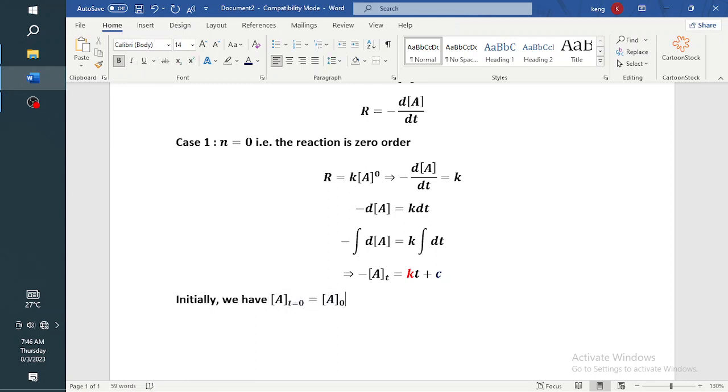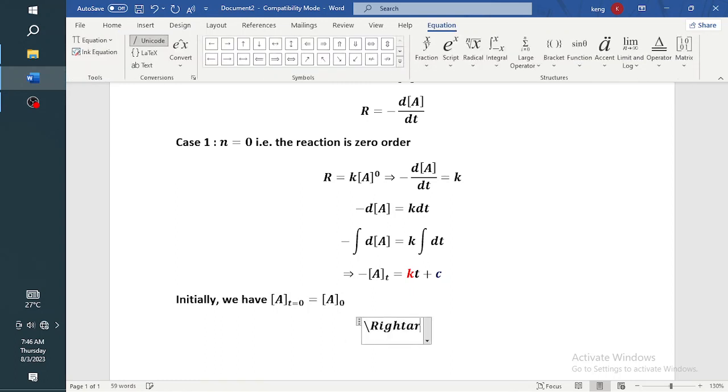From here we just need to replace t with 0. This term is going to disappear, so our constant of integration will just give us negative the initial concentration of the reactant. It therefore means that I just need to copy everything here, and then paste it here, and replace the constant with the negative of the initial concentration.